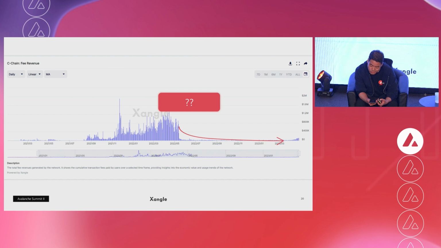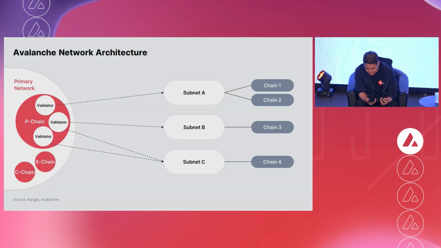Why is the Avalanche Foundation working towards a direction that undermines its inherent value? To understand this, we need to first understand the structure of Avalanche subnets. Avalanche aims to establish itself as a competitive infrastructure that provides high bandwidth networks to developers at affordable prices.